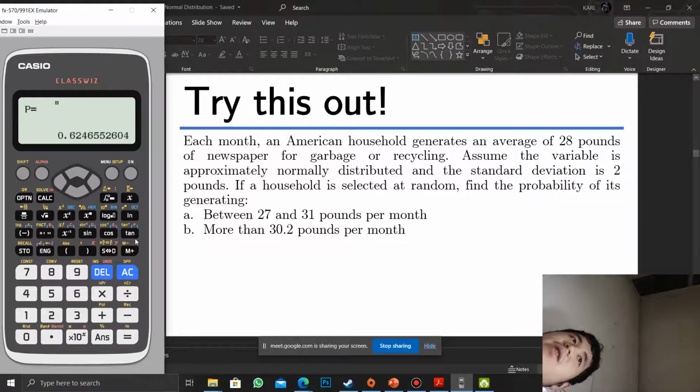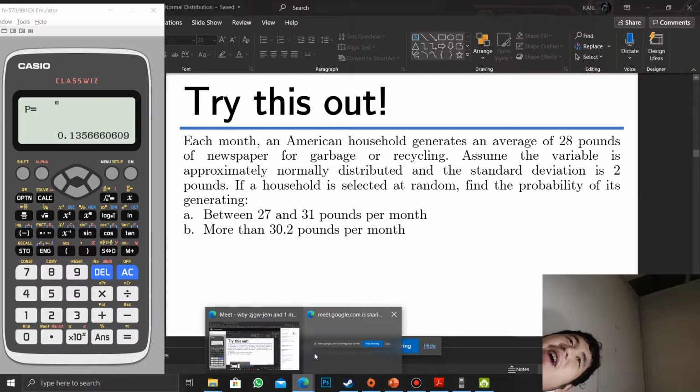0.6247. Next, more than 30.2 pounds. Lower is 30.2, tapos yan, upper. 0.1357. Ayun, nakuha ba? I mean, all of you got it naman.